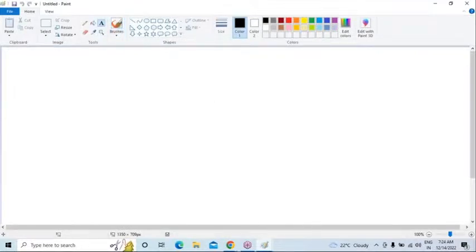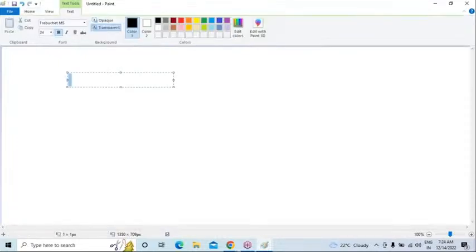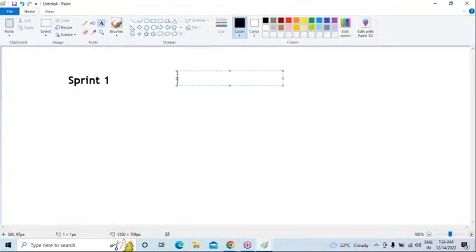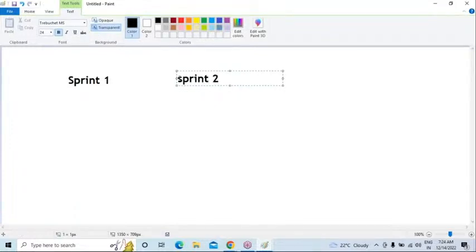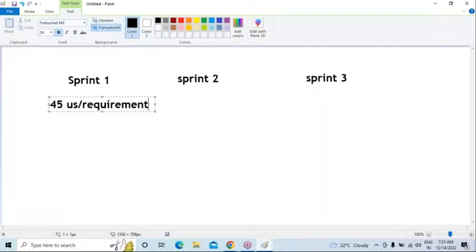Basically, the development will happen through sprints. Sprint 2 and this Sprint 3. So here we have to focus on this. Coming to this sprint, they decided to develop 45 user stories or requirements.